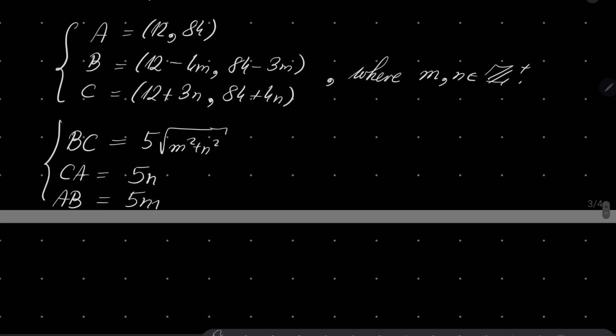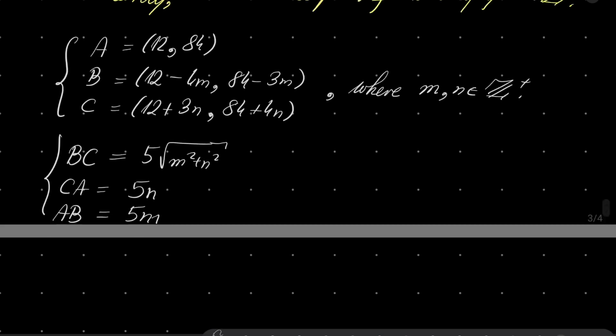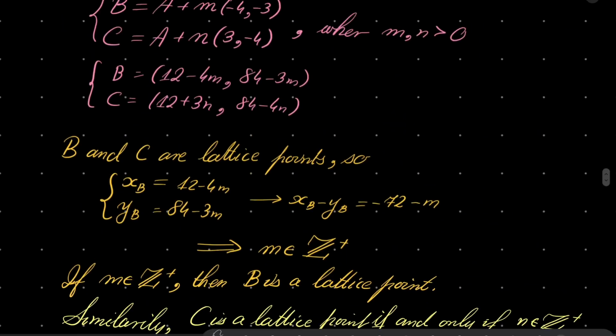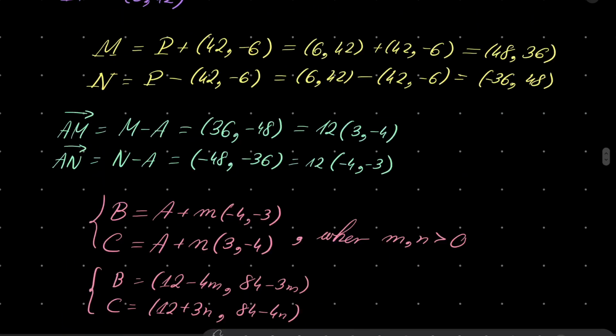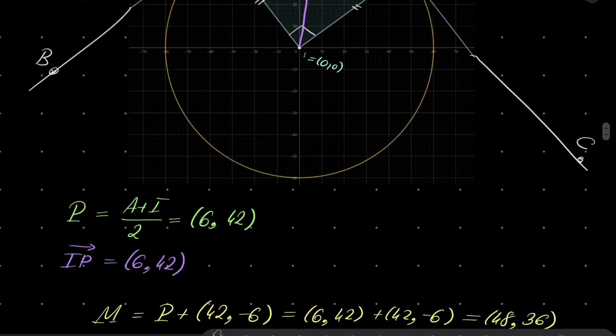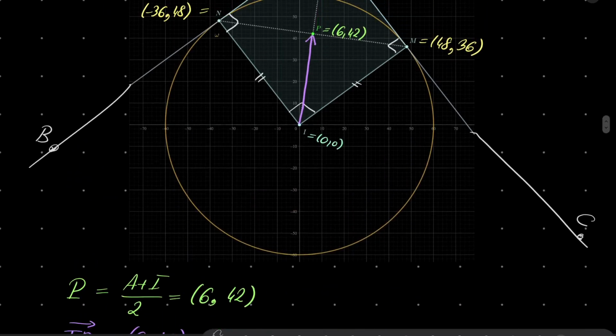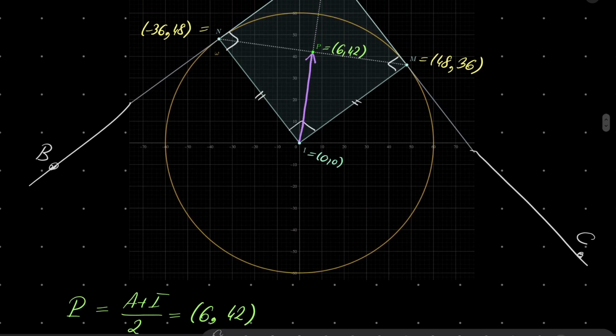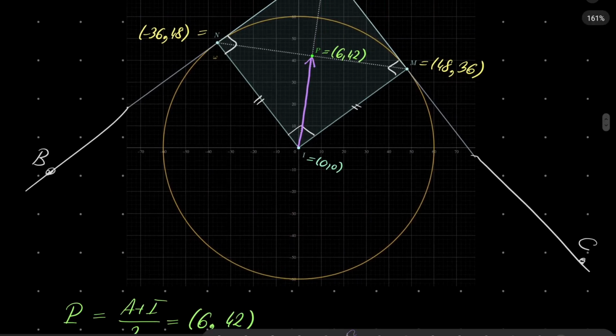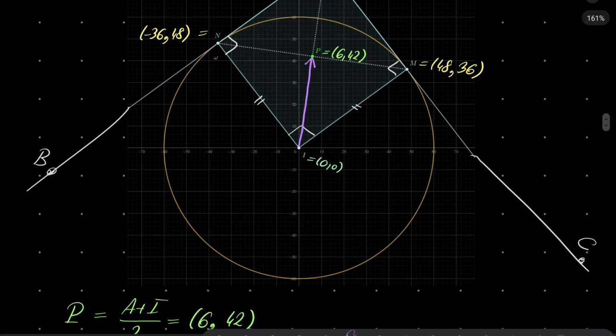All right. Now, what else do I wish to do? Well, to go onwards, I wish also to find the inradius of our incircle. How can we find the inradius? Well, we can find the inradius by just computing the length of segment IM, for example.